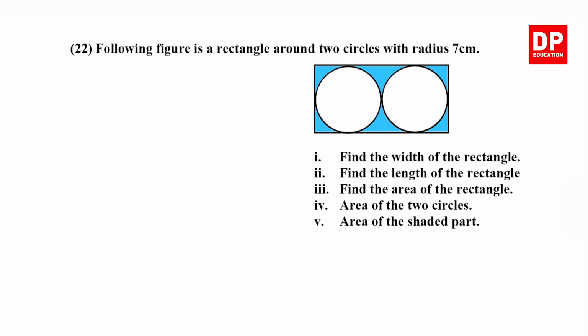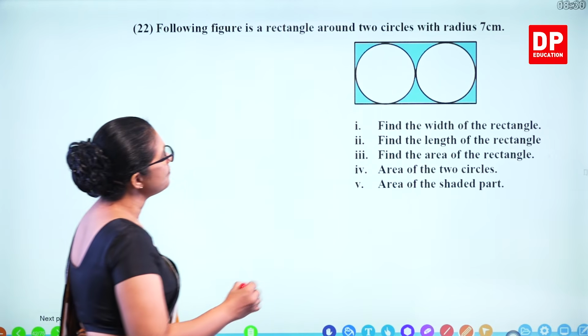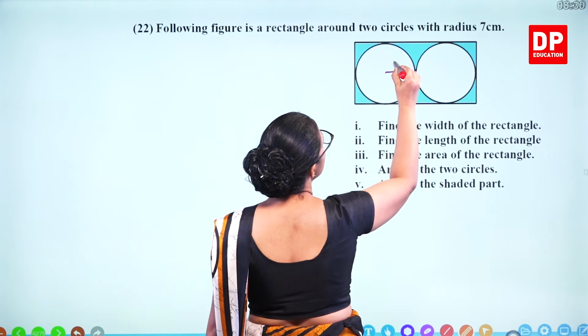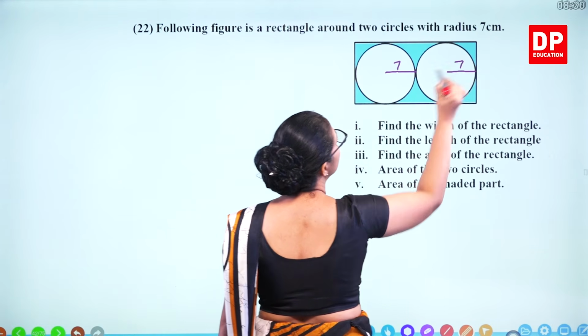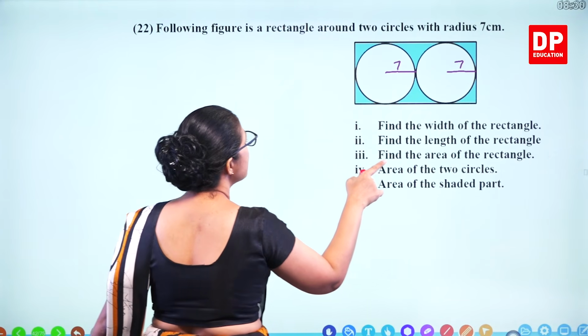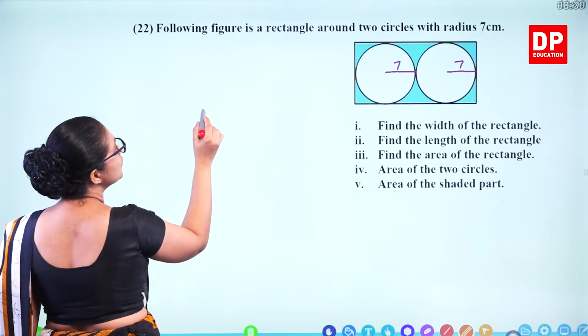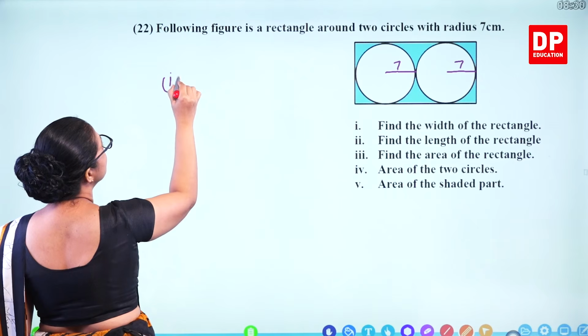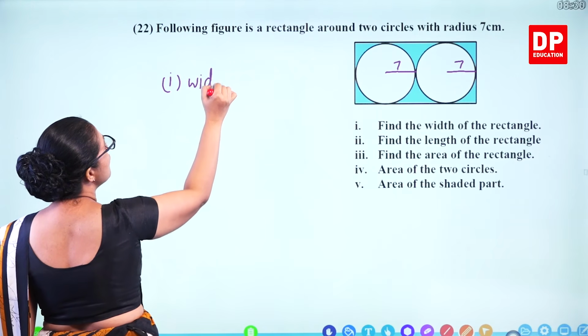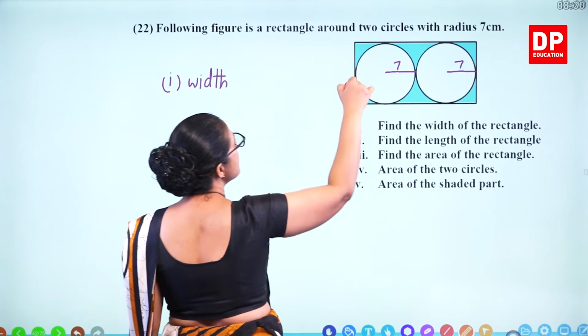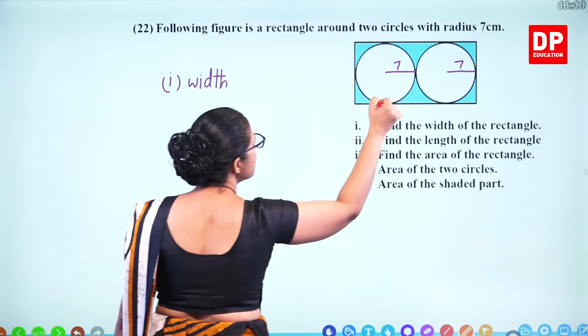Following figure is a rectangle around two circles with radius 7. So radius is 7. Find the width of the rectangle. So what's the width? Width means this side, 7 and 7.